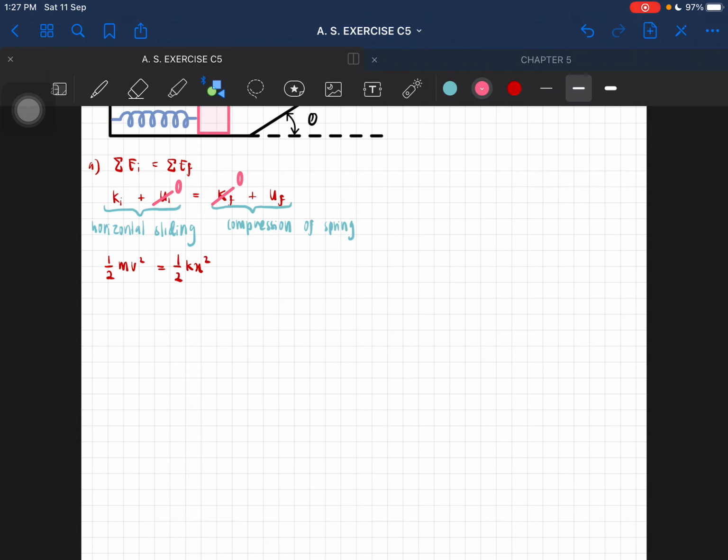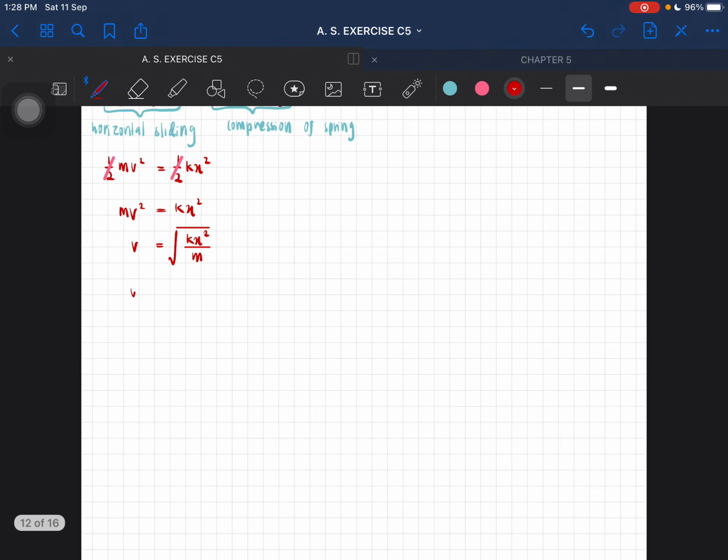The half can be cancelled, so we are left with mv squared equal to kx squared. We are looking for the speed, so v is the square root of kx squared over m.